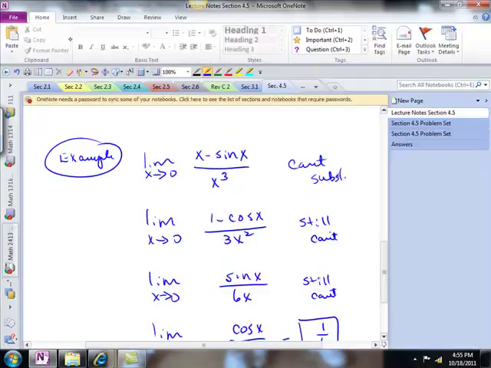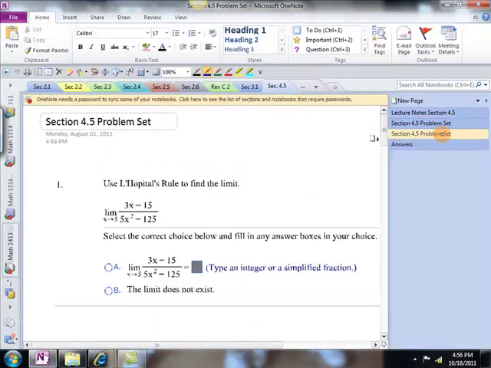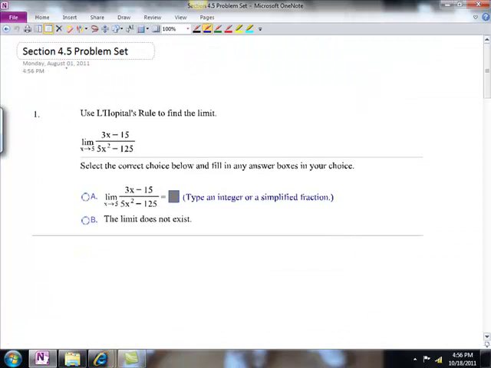Let's look at some of the problems you might encounter in homework. There's not very many, so we're just going to look at these. All right, it says use the rule to find the limit. And you can tell if you plugged in 5 here, you would have 125 minus 125. So that's not going to work. So here's one way to do it. Let's think of the derivative. If f of x is 3x minus 15, f prime of x is equal to 3.